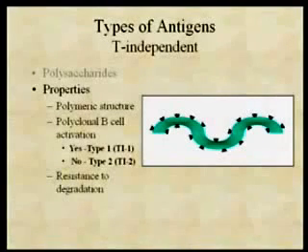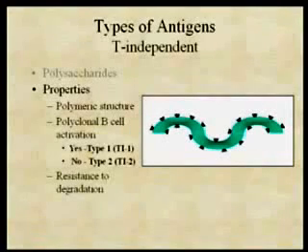Now, some of these antigens are actually capable of polyclonal B cell activation. What we mean by that is that typically, for most antigens, when you immunize with an antigen, just a small number of B cells are actually responding. These polyclonal B cell activators, however, will activate a large proportion of the B cells. That's why they're called polyclonal B cell activators.